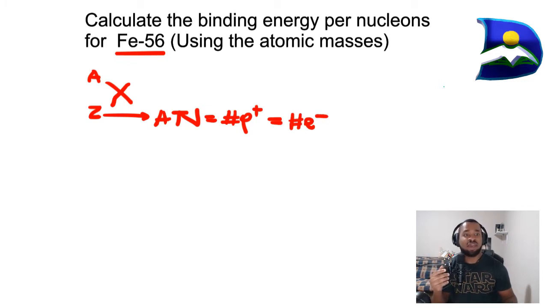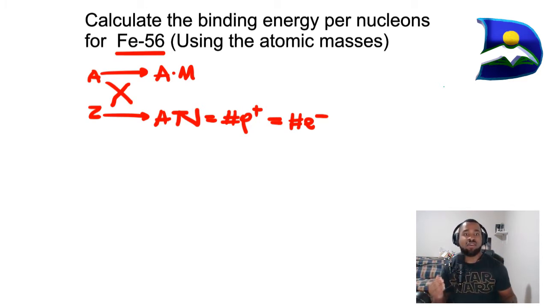On the other side, A is called the atomic mass, and the atomic mass is not a whole number. It accounts for the different isotopes' relative abundance for that specific element.